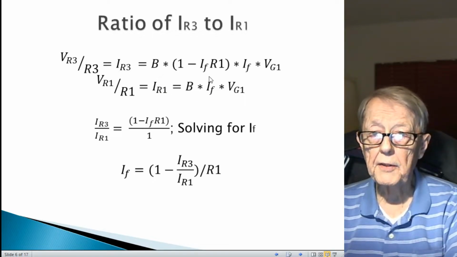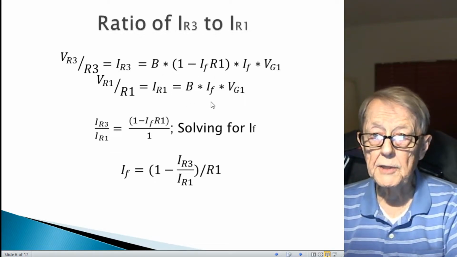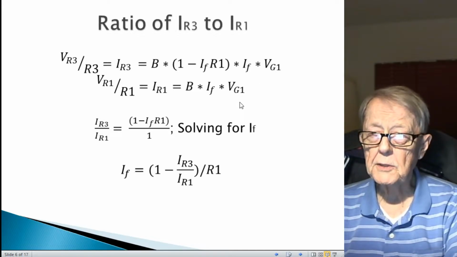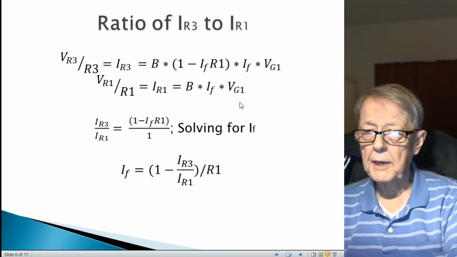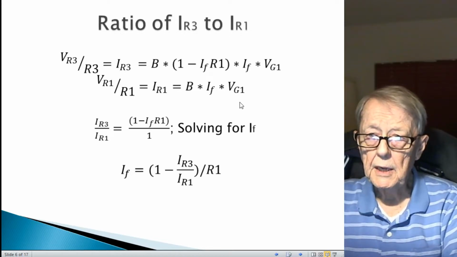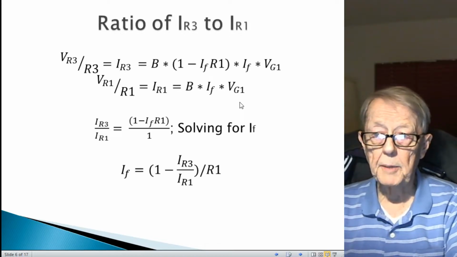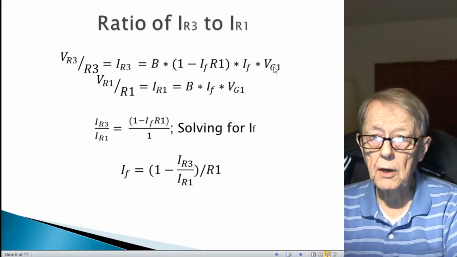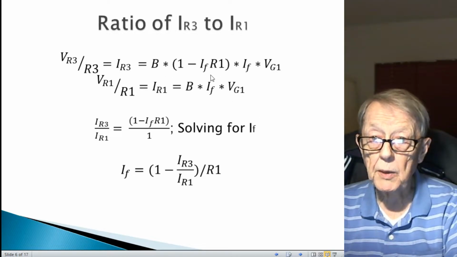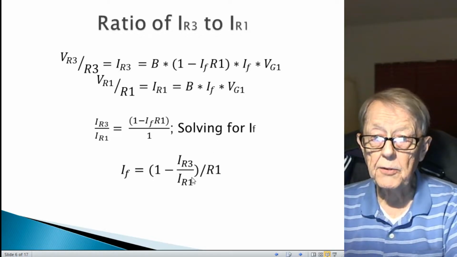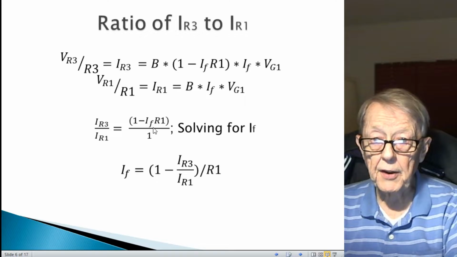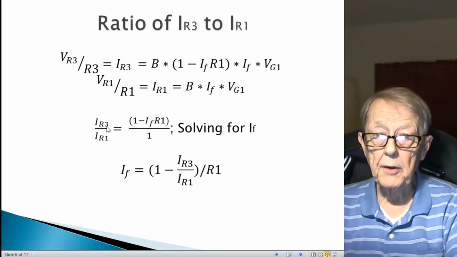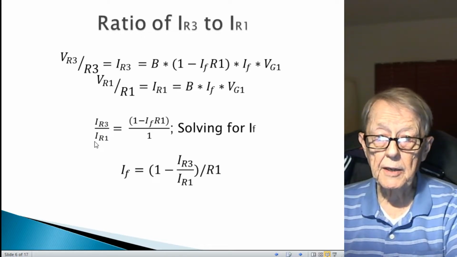Well, if you look at that, B cancels out, IF cancels out, and VG1 cancels out. This was one of the problems with getting the solution, the terms just kept disappearing on me. And the three unknowns are all gone except this one, which is interesting because I know what IR3 is because I measured and calculated.